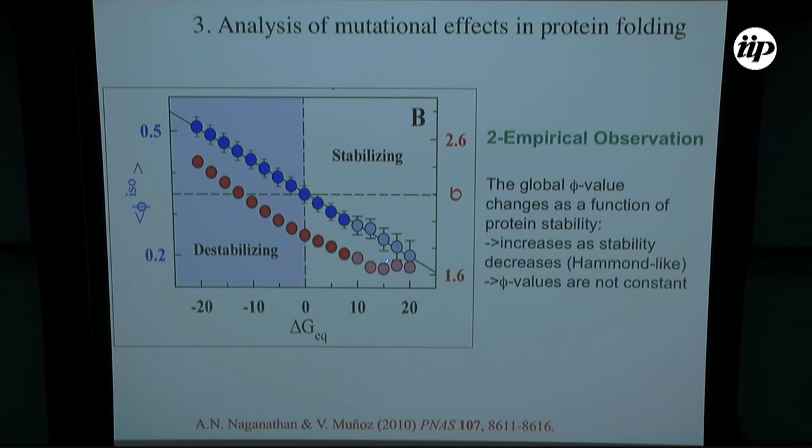As we go to more destabilizing conditions, this increases, and increases quite a lot actually. This spreads out. So what that means is that part of this is propagation of errors, obviously, and you have to be careful with that, but part of it also means that, if you want to get more information about the transition state, you want to go to conditions that are more destabilizing or less stabilizing. Okay?